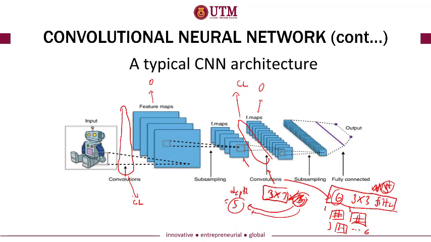One is the convolutional layer, another is subsampling over here, which is also known as the pooling layer.